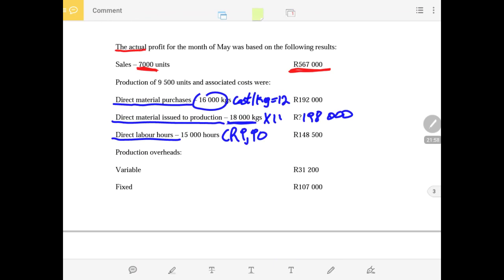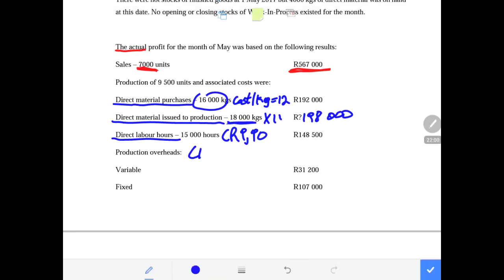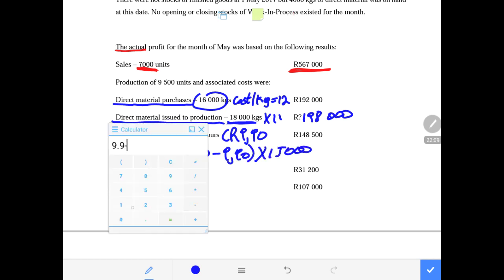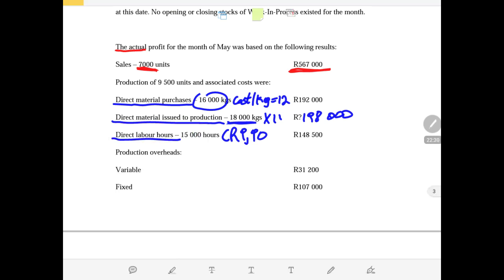Let me just say the standard rate is 10, the actual rate 9 rand 90 cents, times actual hours, which is 15,000. Therefore this will be minus 10, and we multiply by 15,000 hours, meaning we'll have a variance of 1,500, being a favorable variance in terms of direct labor, because we actually spent less than we anticipated.